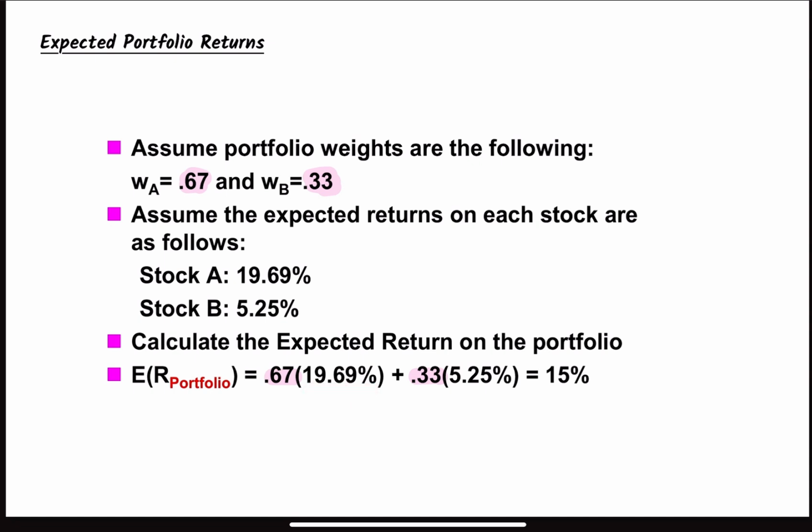So asset A is 67% of the portfolio, so that's what we have here, 0.67. The expected return of that stock is 19.69%, so we multiply it by 19.69%. Stock B makes up 33% of our portfolio, so we have that here, 0.33. And the expected return of stock B is 5.25%, which is right here. So we multiply that. So then this is how we can calculate the expected return of the portfolio as a whole. It depends on the weight of each asset in the portfolio.